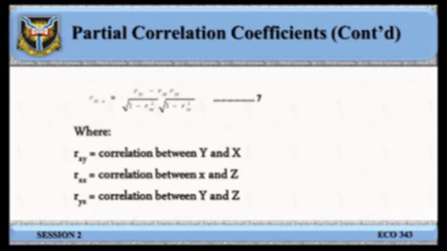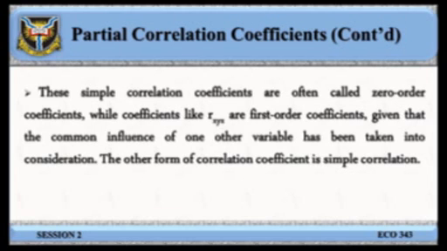Rxz is equal to correlation between x and z. Ryz is equal to correlation between y and z. These simple correlation coefficients are often called zero-order coefficients, while coefficients like Rxy.z are first-order coefficients, given that the common influence of one other variable has been taken into consideration.